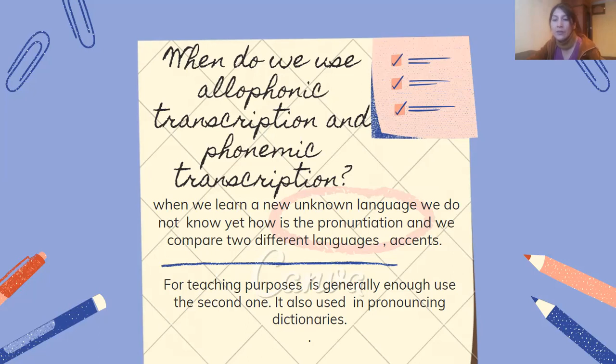It's necessary to use the allophonic transcription when we learn a new language and we learn about its accents. But the phonemic transcription we use for teaching purposes, and it's also used in pronunciation dictionaries to know the general pronunciation. It's more general, and it's most useful in dictionaries.